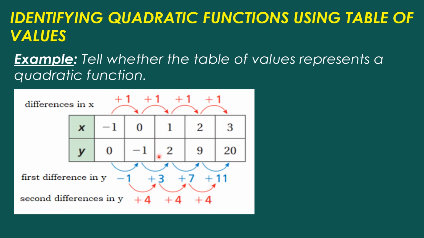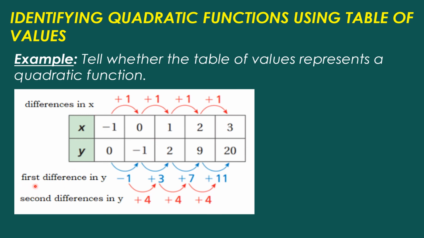The first thing we have to do is to identify if there are equal differences in x. 0 minus negative 1 is 1. 1 minus 0 is 1. 2 minus 1 is 1. And 3 minus 2 is 1. Thus, there are equal differences in x.